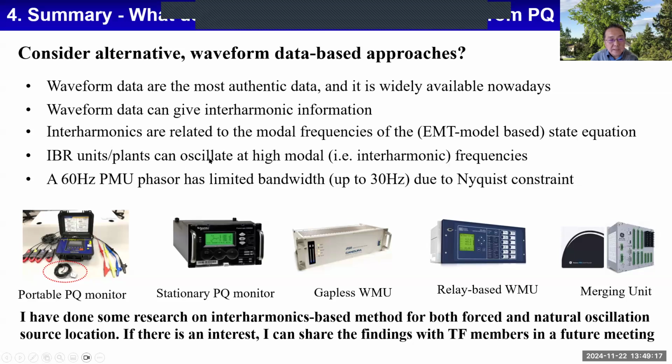So IBR units, plants, can oscillate on the higher modes, which are interharmonic frequencies. Then the PMU phasor has limited bandwidth due to its construct. So basically, that's what I want to discuss with you. Hopefully it can stimulate more thinking.